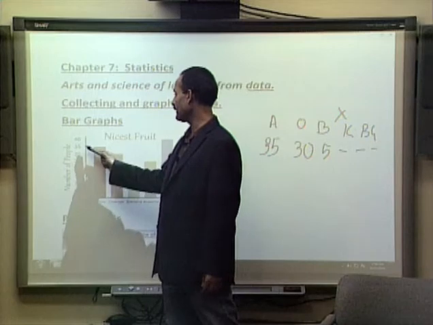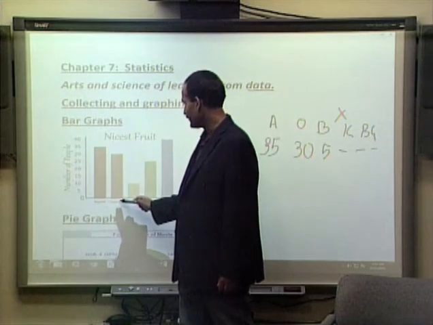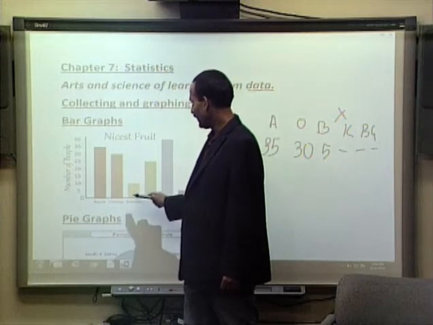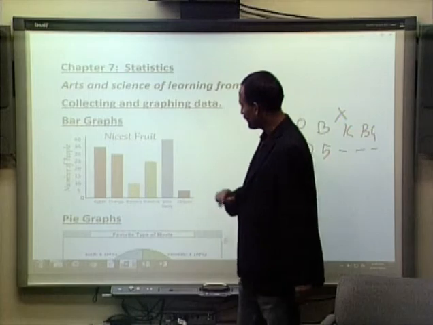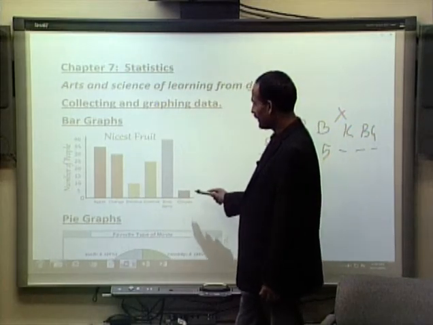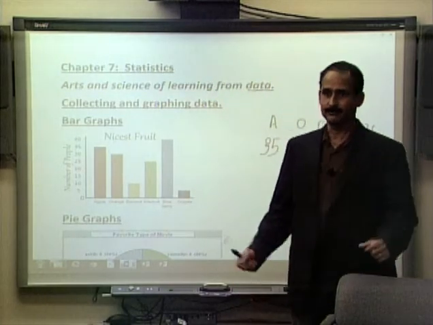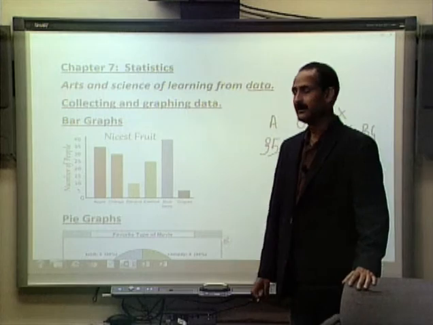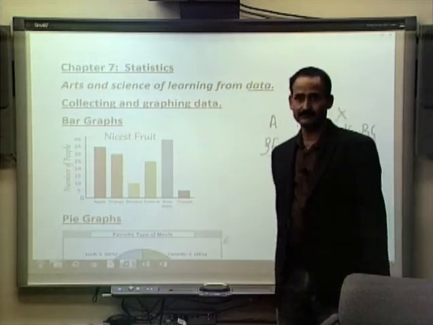So, for example, 35 people like apples, 30 people like oranges, 5 of them liked banana, looks like 25 kiwi fruit, 40 of them liked blueberry, and 5 of them liked grapes. So, this will be the bar graph of this data.